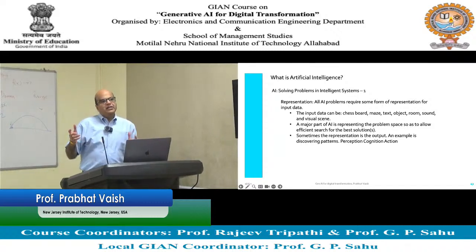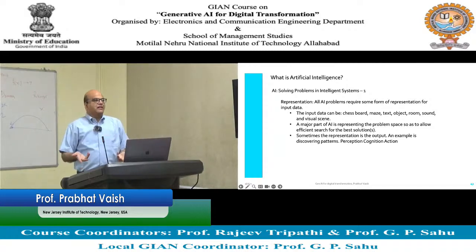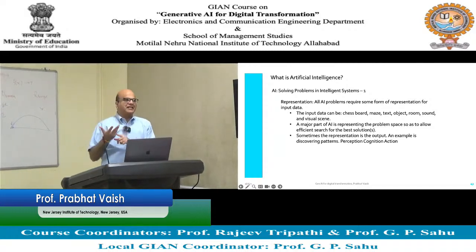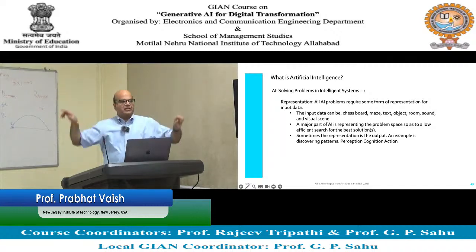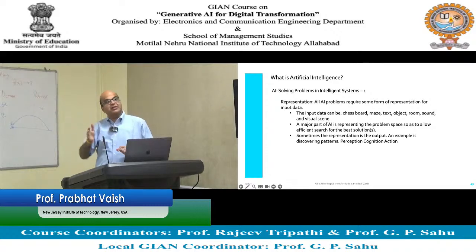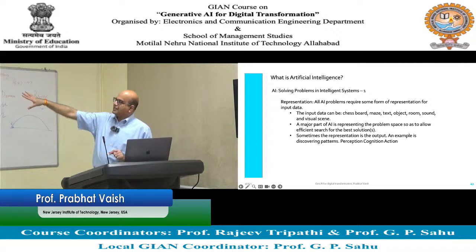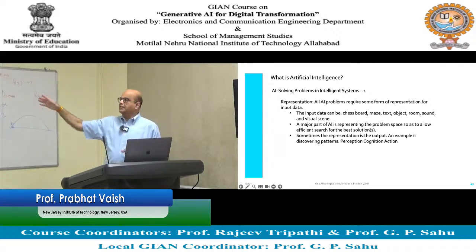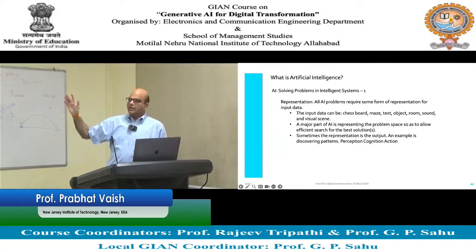The representation of the robot's environment is the output itself, because the robot has 3 things. It has sensors, it has mechanical movements, which we are not studying, that's known. All it needs then is for us to represent its environment in a way so that it can navigate itself around or search for the most optimal path. So the representation is not just required for calculating the output, sometimes the representation itself is the output. Right? Okay, so that's one part of it.